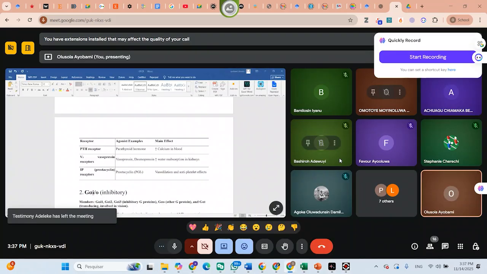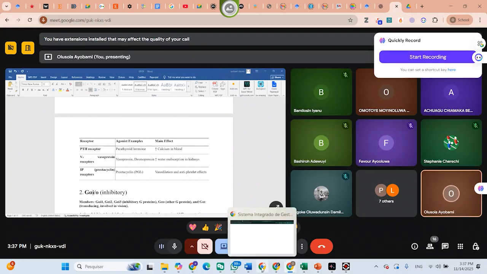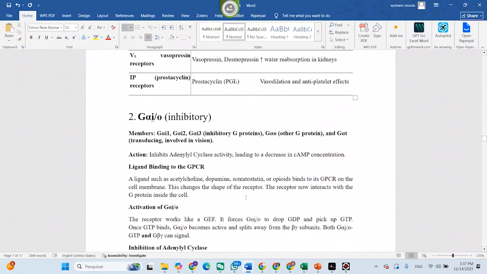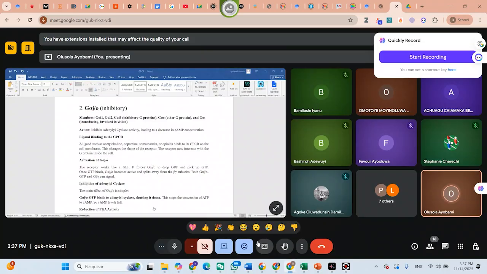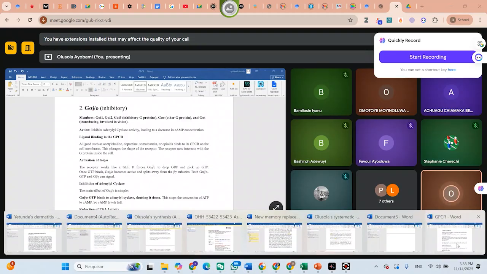Before I move to the second one that we refer to as the G-alpha I/O, which is the inhibitory. The G-alpha S is the stimulatory, then the G-alpha I/O is the inhibitory. Just like in the case of the G-alpha S, where we have the G-alpha S and the G-alpha olfactory as the primary members, for the G-alpha I and O the primary members are G-alpha I 1, 2, 3, then the G-alpha O itself, and we have G-alpha T, which is sorry, this should be a mistake.